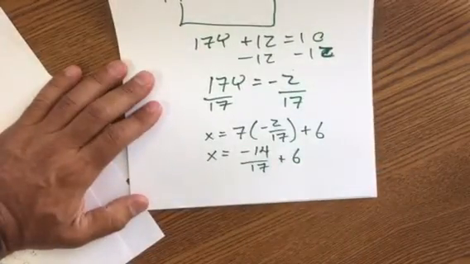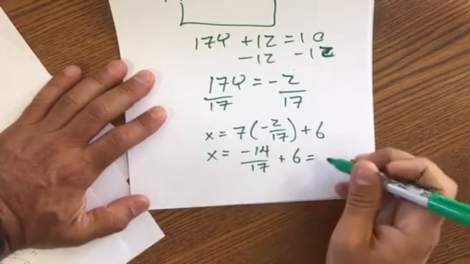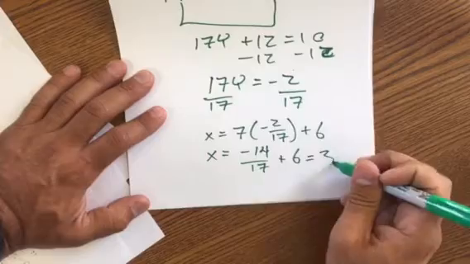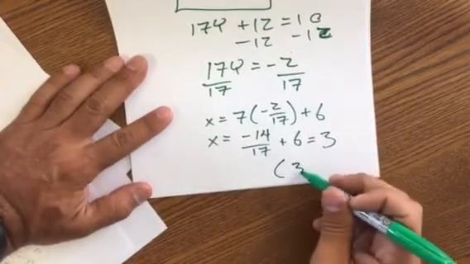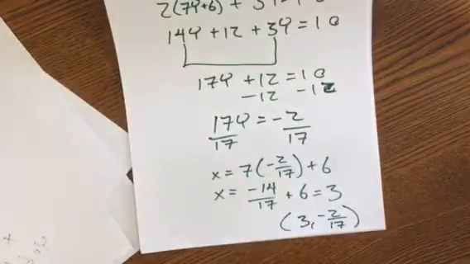I don't have a calculator, so I don't know what that is. I'm going to pretend that this whole thing equals 3. So I'm going to put it as a point. And hopefully that makes sense.